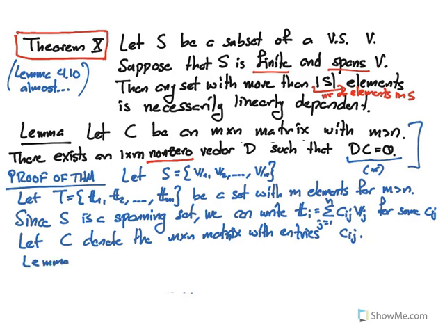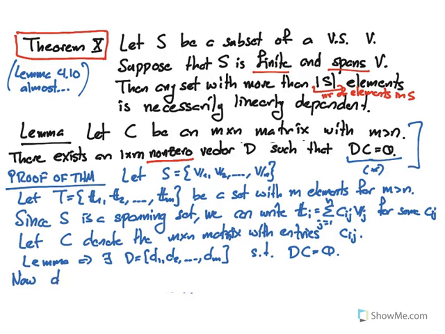So the lemma implies there exists this vector d with entries d1 to dm such that dC is equal to 0. And now my claim is that if I form the linear combination of the t's with the expansion coefficients given by the d's, then that will add up to 0.